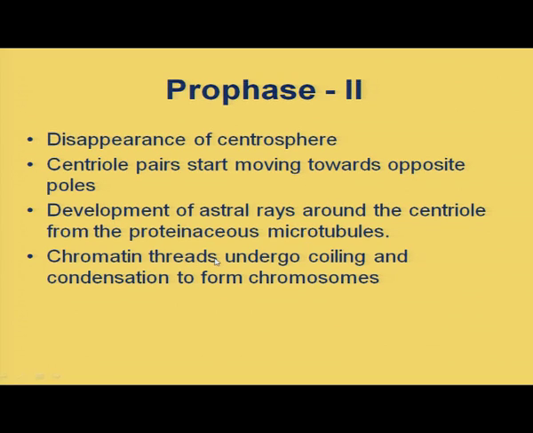Chromatin threads undergo coiling and condensation to form the chromosomes. Chromatin threads we can see during the telophase 1, and those chromatin threads undergo coiling and condensation to form the chromosomes. So, all these changes take place during the prophase 2.